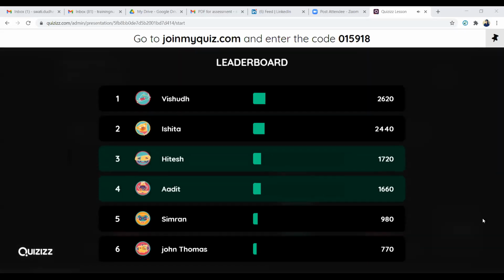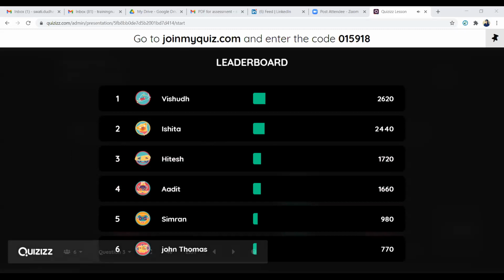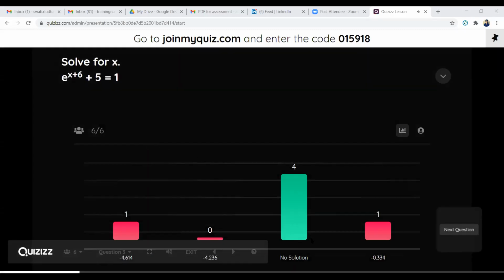All right, on top we have Vishuddh and on second we have Vishuddha. The correct answer is no solution. So the calculator will show you no solution on the screen.